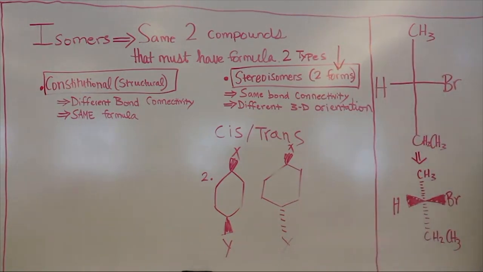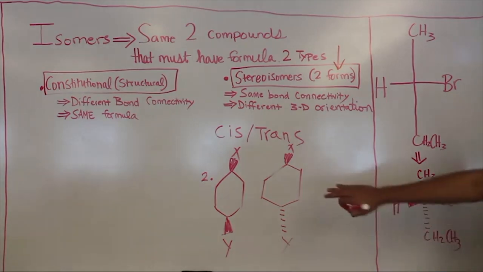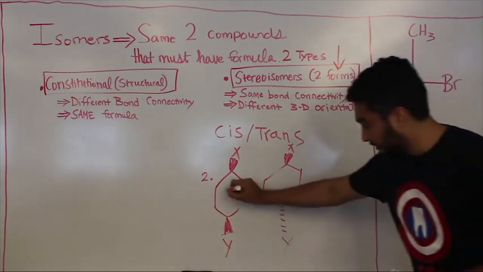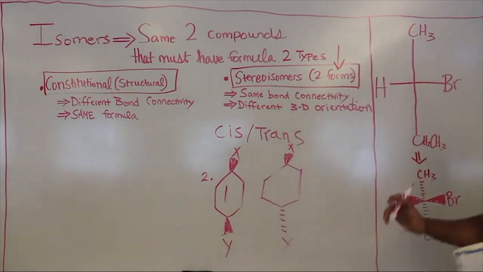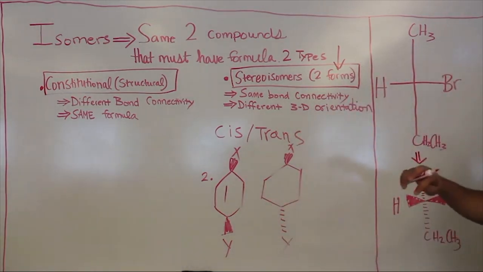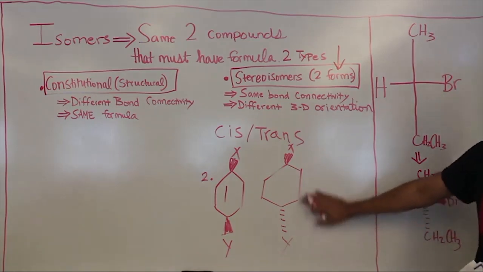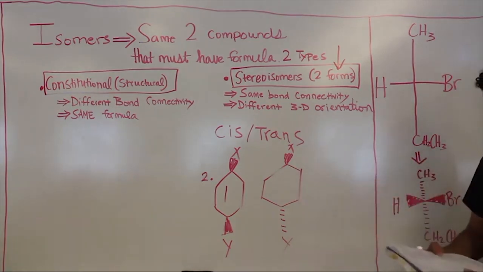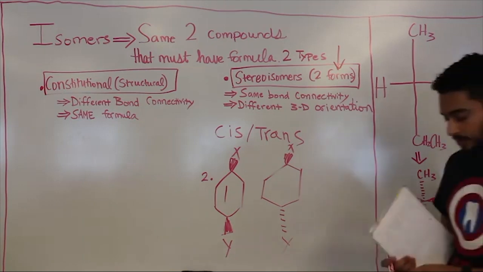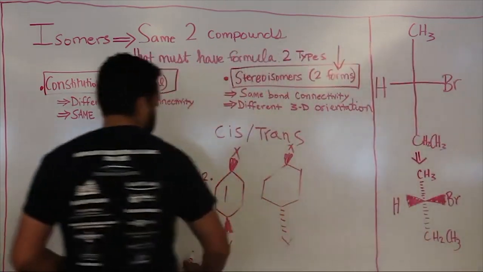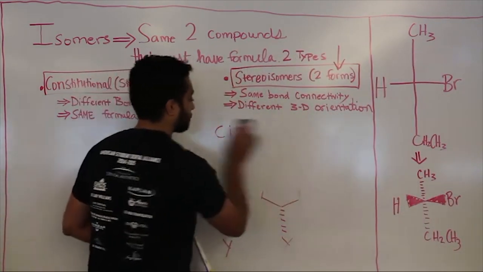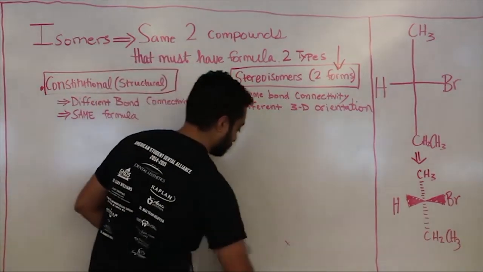There's a cyclohexane ring with 2 substituents coming off of them. On the first one on the left, this one has X and Y both pointing out of the board. And then with this one, it's the opposite for Y, but the X is the same. Okay? So I'm going to erase the examples.